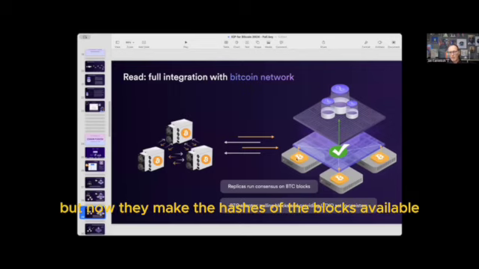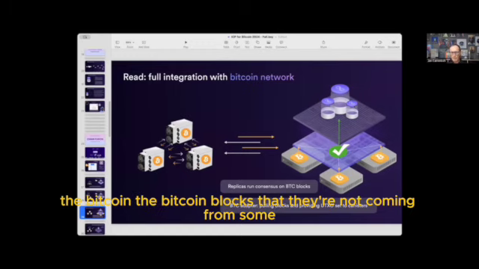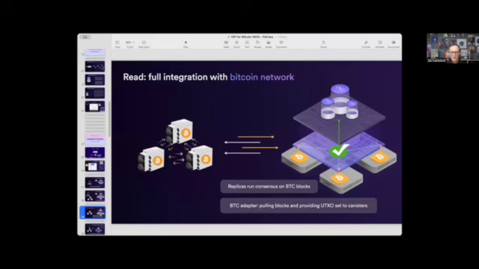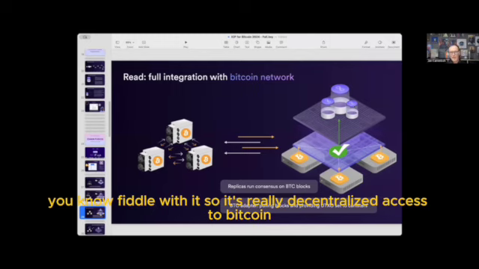Right now they make the hashes of the blocks available. So if you're a smart contract on ICP, you have that information authentically, right? You know that this is really the Bitcoin blocks, that they're not coming from some third-party service like Infura that could maybe fiddle with it. So it's really decentralized access to Bitcoin.